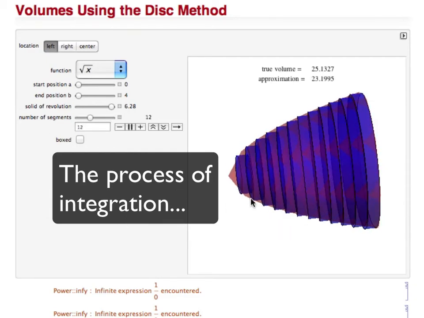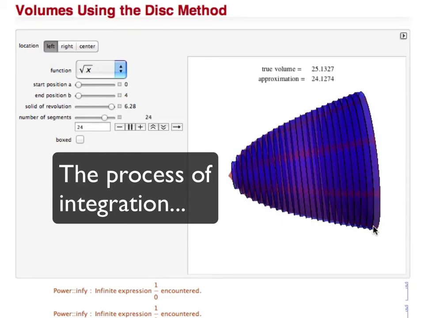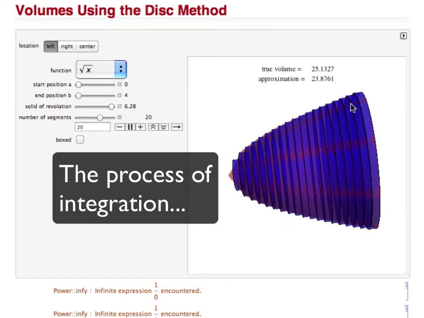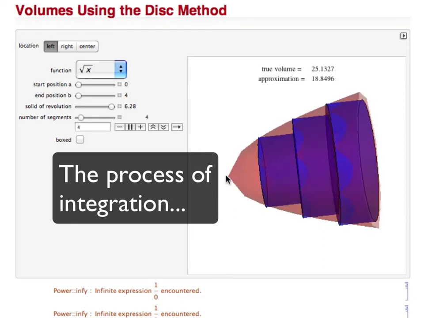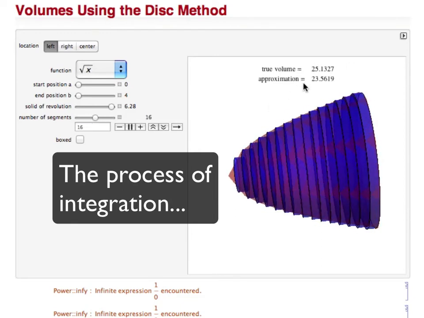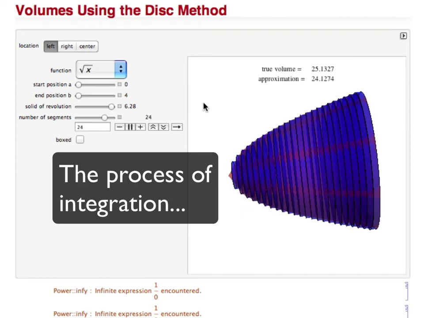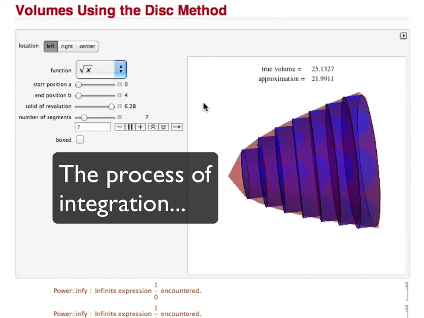Okay, so what we're going to be doing today is learning how to make these disks, make their heights shrink to 0 and increase the number of disks to infinity, and then we're going to get a pretty good approximation for our volume. And the way we're going to do that is by using integration.